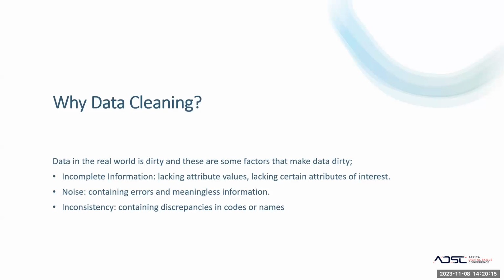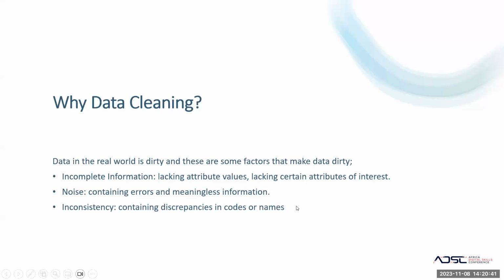But because of some of these factors, it doesn't make our work very easy in the sense that the data is dirty sometimes, and there are certain factors that cause our data to be dirty. And like I said, if you want to get valuable insights from your data sets, that's where the need for data cleaning comes in. You need to clean your data.